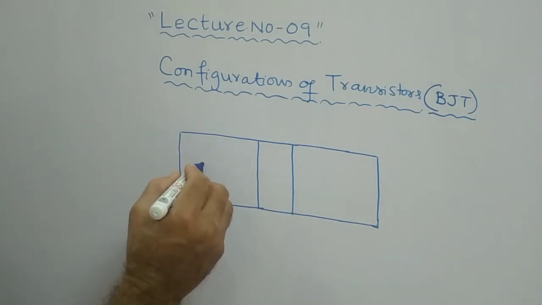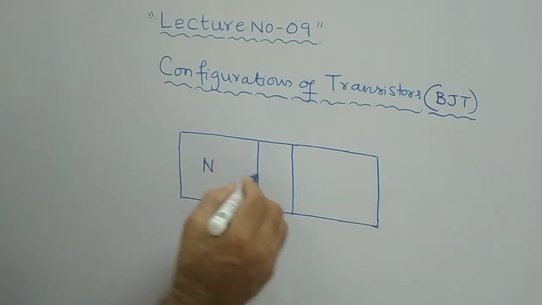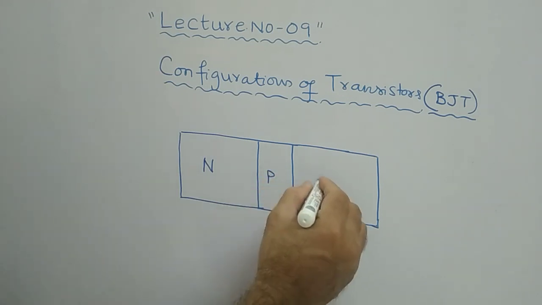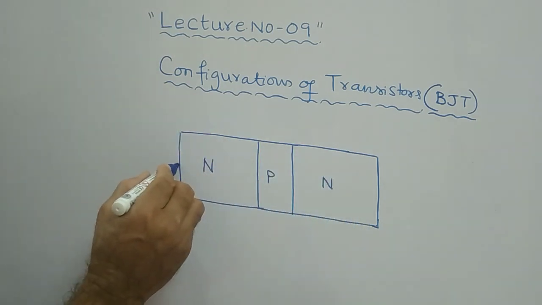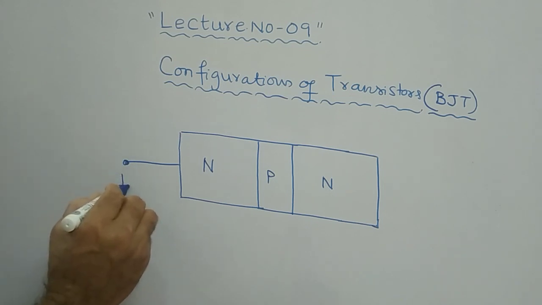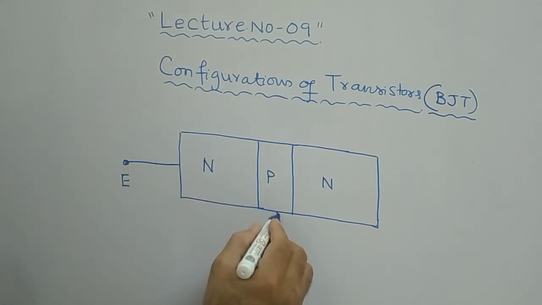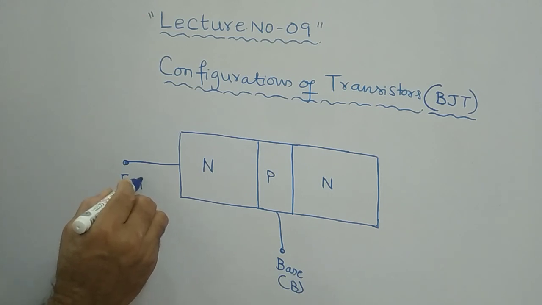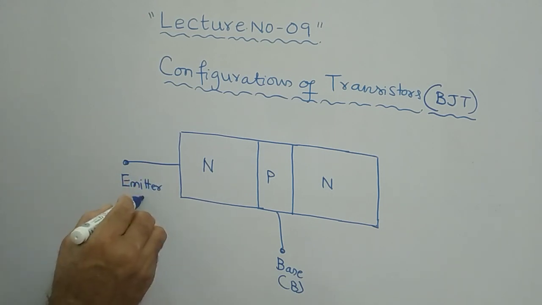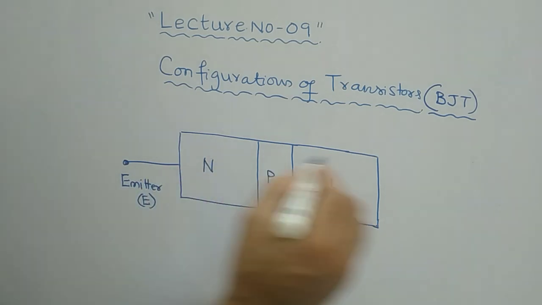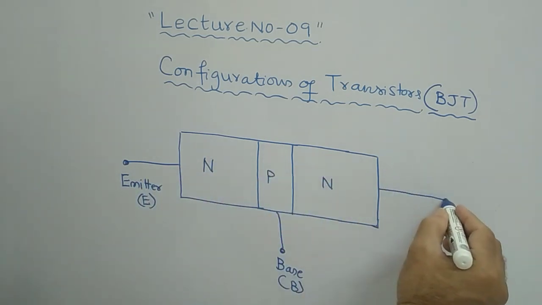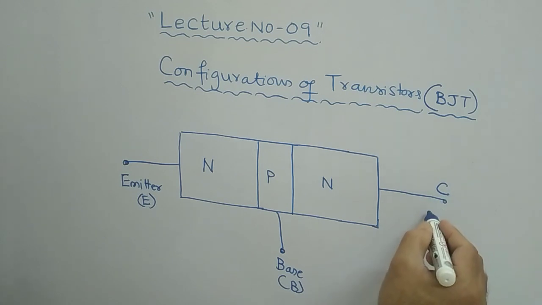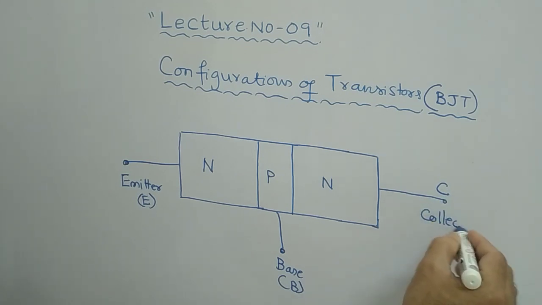This is the NPN transistor, physical construction. Here the terminal is the emitter terminal obviously, and the middle is your base terminal definitely, BASE. Base, emitter, EMITTER, this is the emitter terminal, and definitely this is your collector terminal, C. C stands for collector.